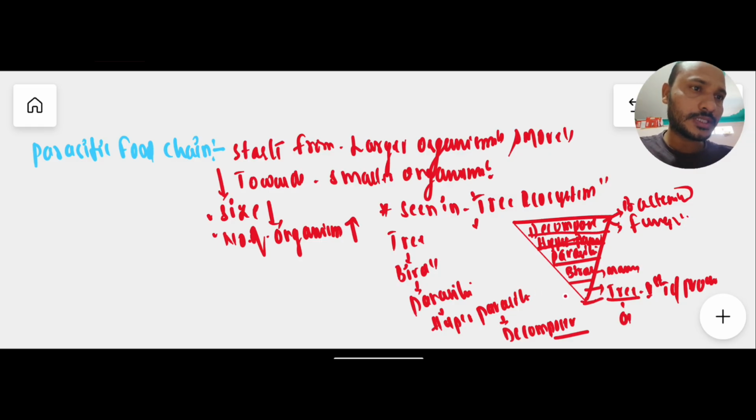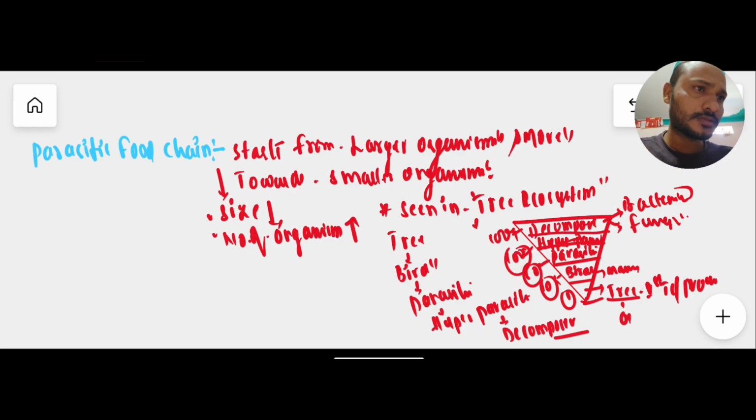For example, here we have only one tree, and for example if you have 10 birds, then 50 parasites, hyperparasites like 100, and decomposers are thousands. See what happened: from bottom to top the number of organisms increases, and at the same time from bottom to top the size of the organism decreases. Here the tree has a huge size compared to birds.